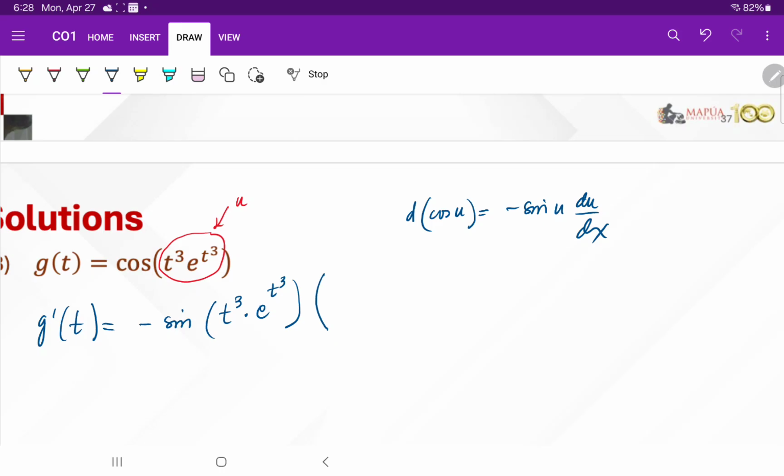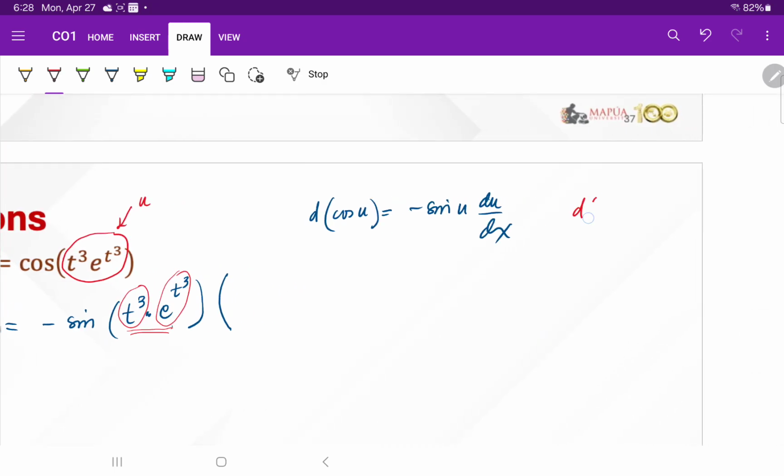So here we need to find the derivative of u, which is t cubed times e to the t cubed. How will you solve for this derivative? We consider this as u and this as v. So what's the derivative therefore? We use the product rule: u dv plus v du.